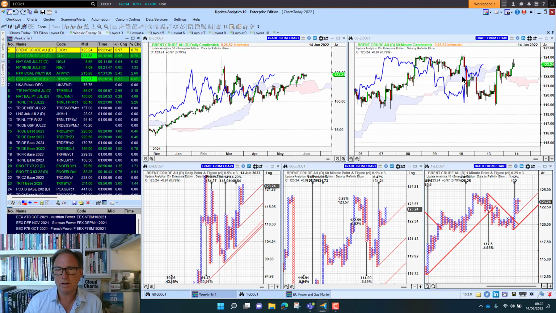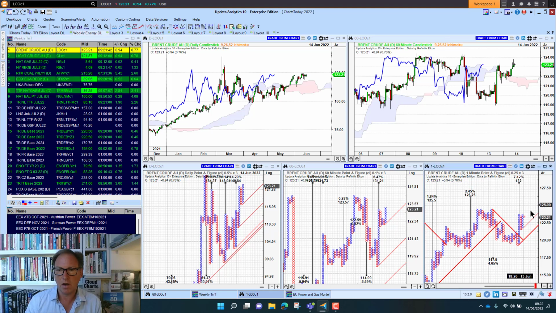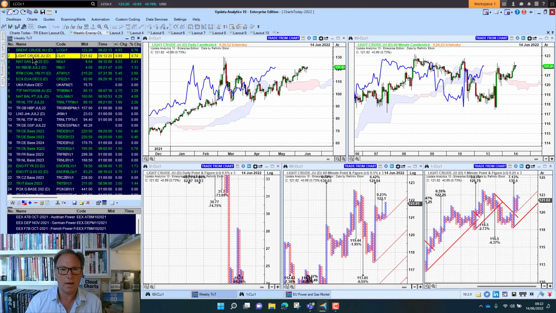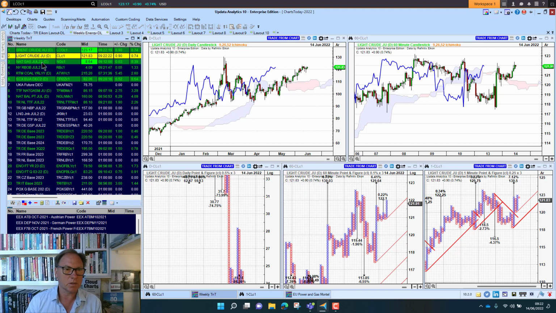A break above 124 on Brent crude would be bullish. We've gone out with that to clients. Just waiting for this 132 upside target on the 1-minute chart to be activated. I'll get an alert when that happens, of course. This one on the 60-minute, the 131 target has been activated, so that's quite key. WTI, similar picture, of course, there. So that's quite interesting to watch as well.